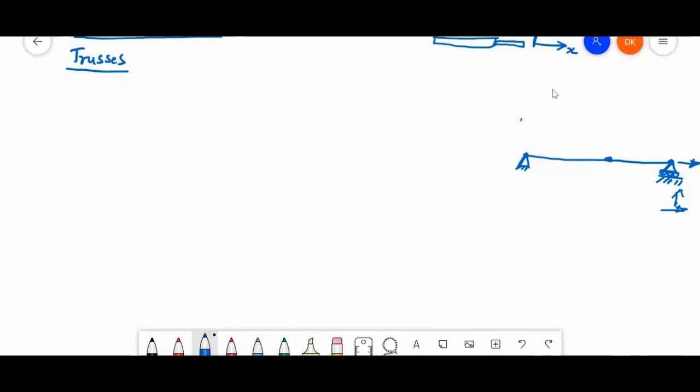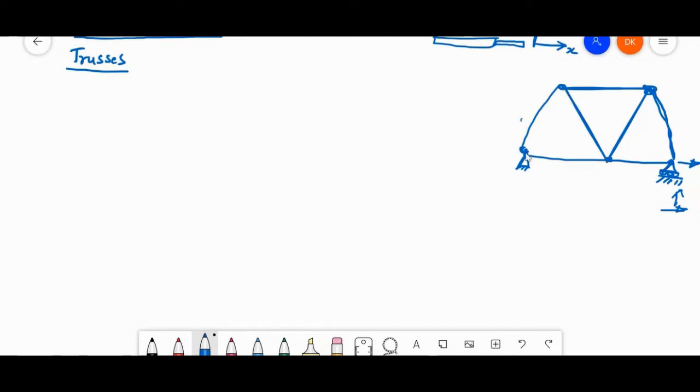Then this is another member, it is pinned together. Here also it is pinned. And then this is another member, it is like this. You see that these are all the joints; in between there is no joint.